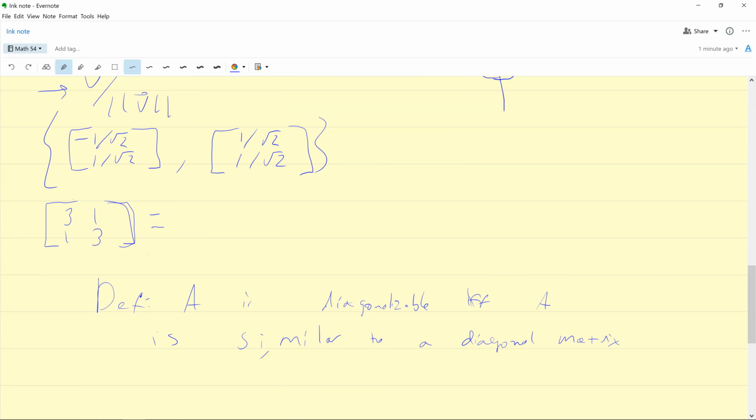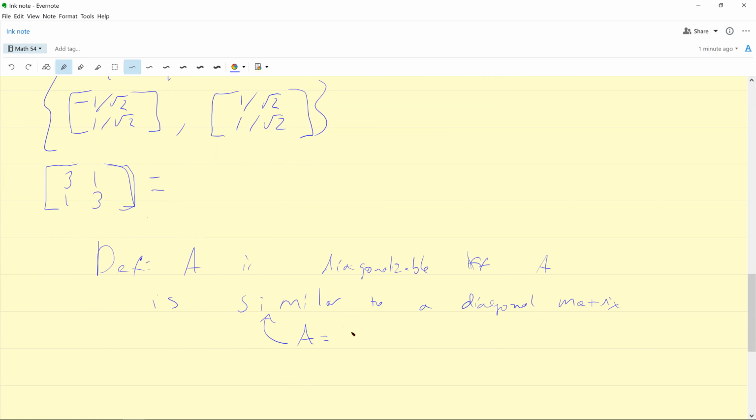And what's similar mean? Does that mean it can be simplified too? Not simplified to, but intuitively you can think of it as representing the same transformation, but with some other basis.